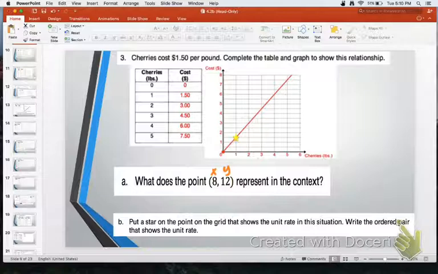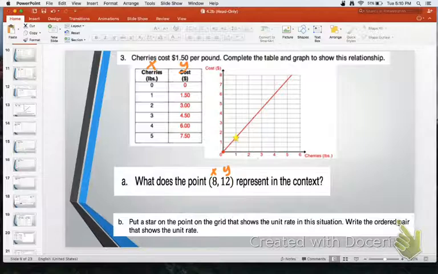So if I think back to how things were just set up on our chart, here's my X and here's my Y, I can now say, oh, 8 pounds of cherries will cost $12. So you'd have to write that out.